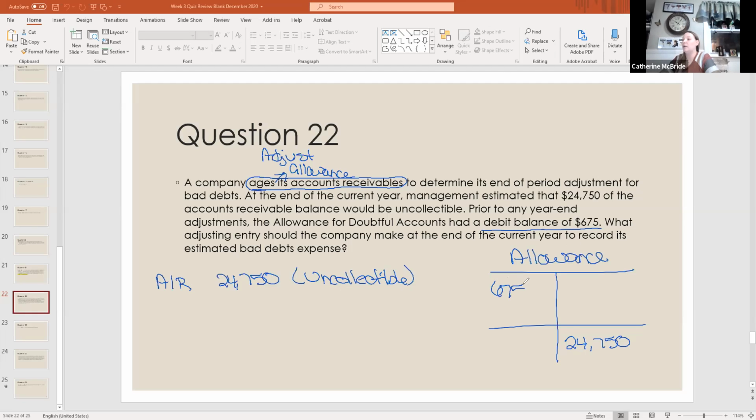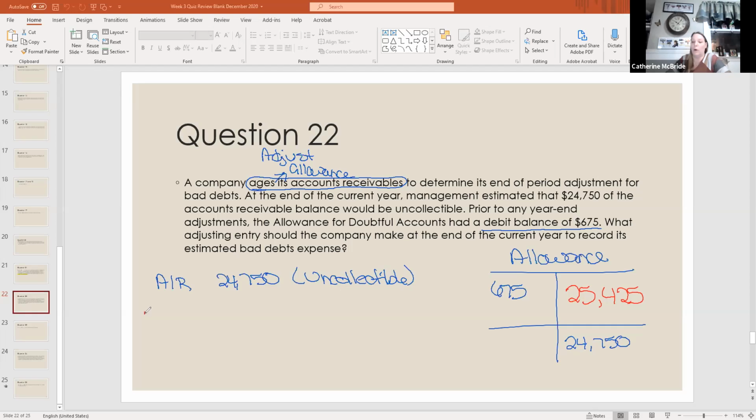Now, this is the normal. Credit is normal. So in order to finish this, I want my balance to be 24,750. So in order to get there, I have to credit this 25,425.